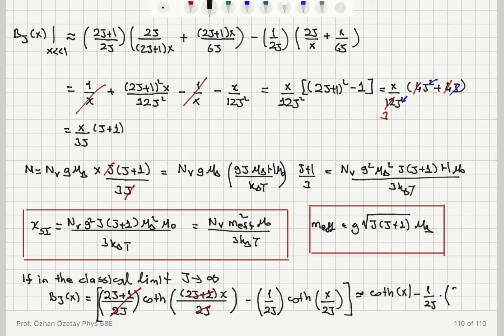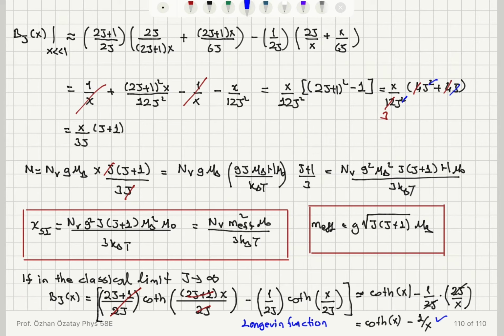So if I use the first term, it becomes 2j over x. So these will disappear, and basically I obtain cotangent hyperbolic x minus 1 over x. And what is this? This is the Langevin function. So the Brillouin function turns into the Langevin function in the limit j is very large.